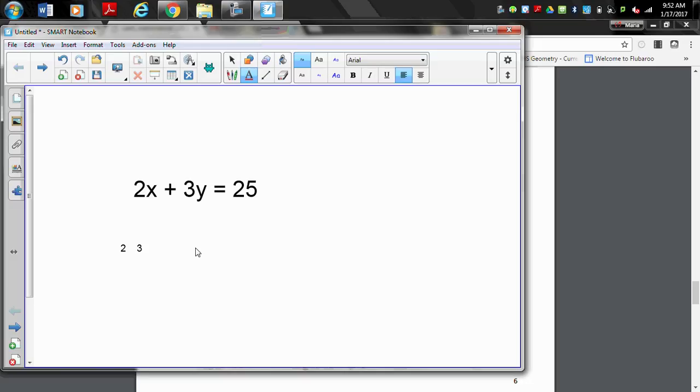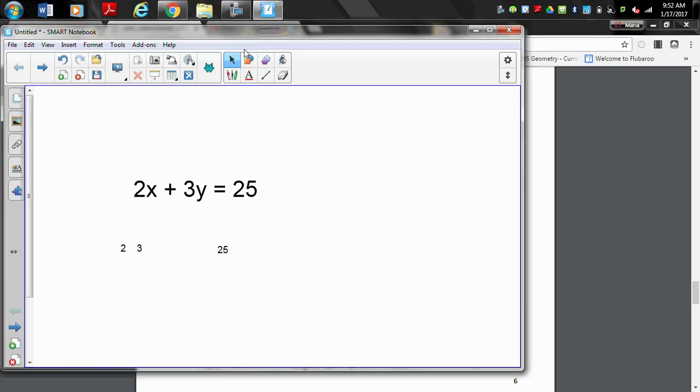The second matrix will be a 25. So you take the ones on one side of the equal sign and make a matrix, and on the other side make a matrix.